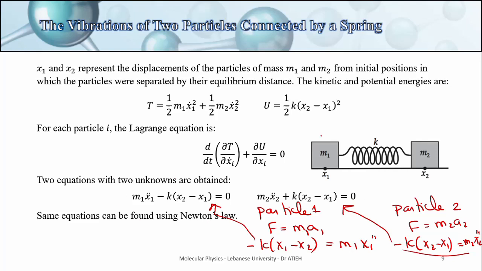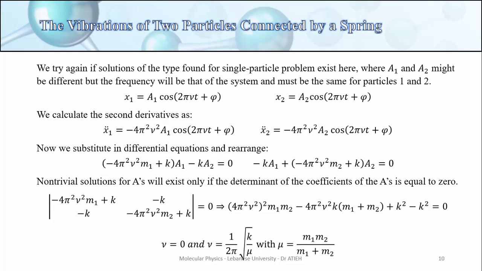Remember that in the simple case where we had only one spring, one particle, the equation was minus kx equals mx double prime. But here we had to do x minus x because we have elongation or compression from both sides of the spring.